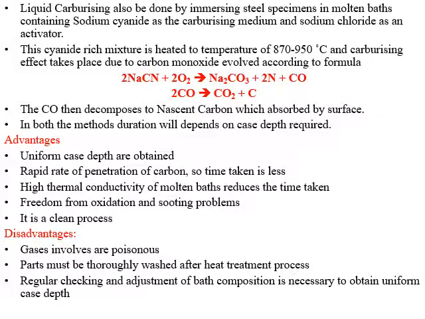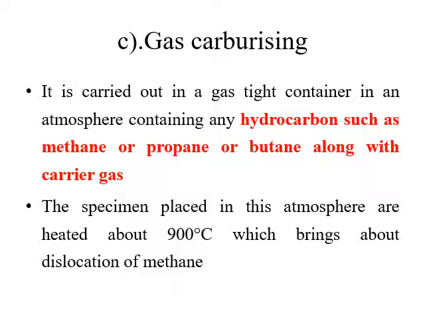Okay. So the third one is gas carburizing. We have seen solid and liquid, and now a gas. When it comes to gas carburizing, we are going to create an atmosphere with carbon-rich gases, with the help of hydrocarbons such as methane, propane, or butane, along with carrier gases. These gases are heated up to 900 degrees Celsius.